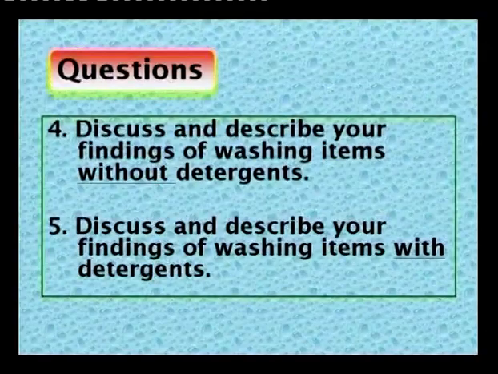Number 5, someone from another group. Let's have that group there. Jacobet, if you have the answer for number 5. The items will be clean. All right, good. The items will be clean, and it depends on the type of detergents again.